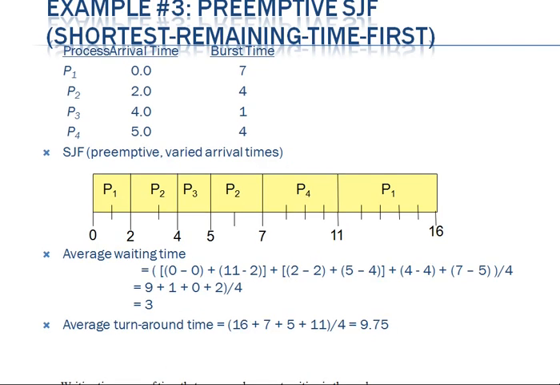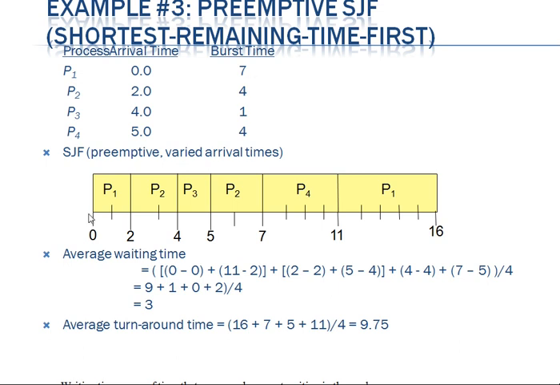Now in case of preemptive scheduling, we are considering the same example and their arrival times as shown here. But in this case, we can stop the execution of P1 and switch to the shortest burst time process.